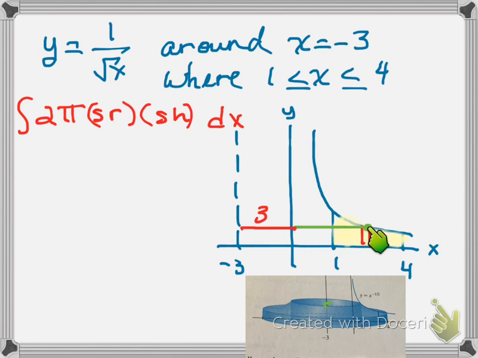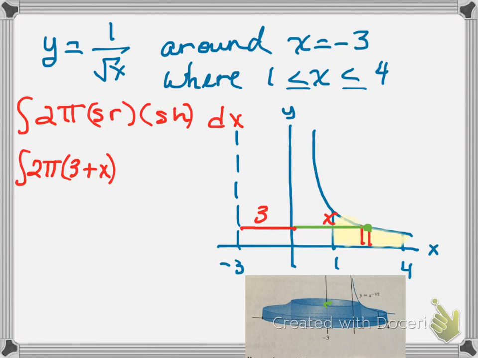So this point has an x value and a y value, and its x value would be the distance from here to here. And so I'm going to call that x, because remember, I'm doing this with respect to x anyway. So my shell radius is just 3 plus x. So I've got 2 pi and 3 plus x for my shell radius.